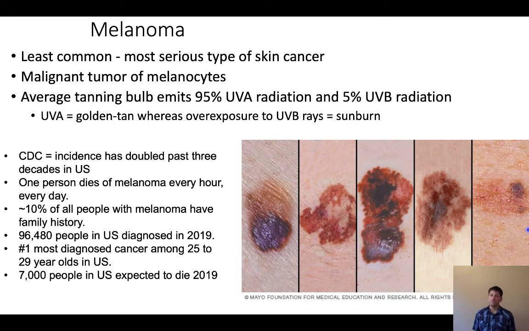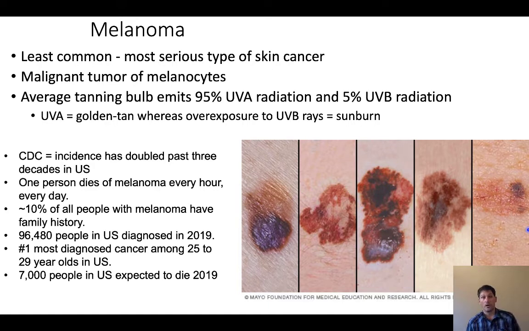Now, you don't need to memorize this data, but I wanted to show you some recent data so that you understand, especially for most of us living in places like California and Phoenix, we really need to be more aware of skin cancer. This is data from the CDC. The incidence rate of melanoma has doubled in the past 3 years. One person dies of melanoma every hour, every day.